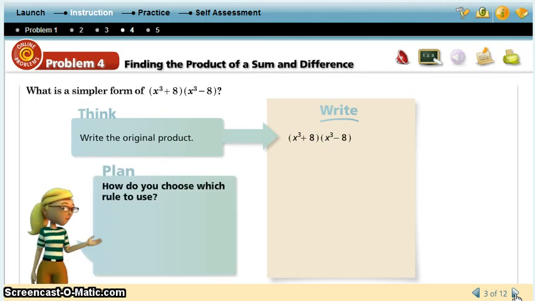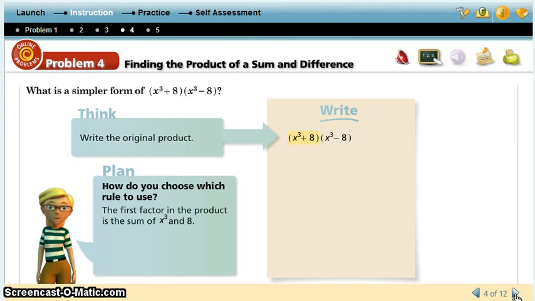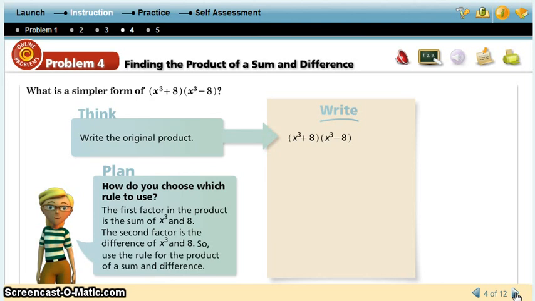How do you choose which rule to use? The first factor in the product is the sum of x cubed and 8. The second factor is the difference of x cubed and 8. So, use the rule for the product of a sum and difference.